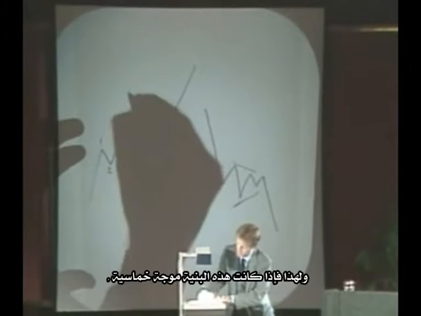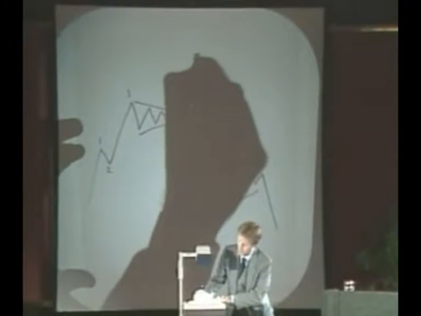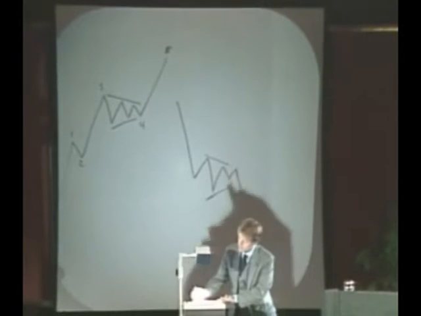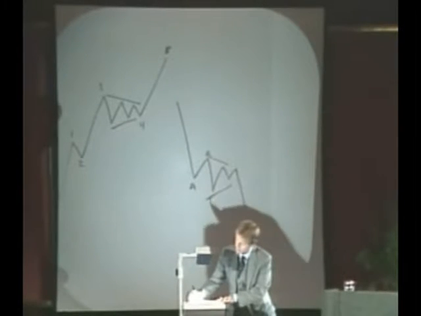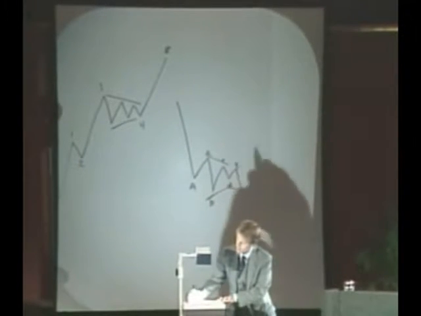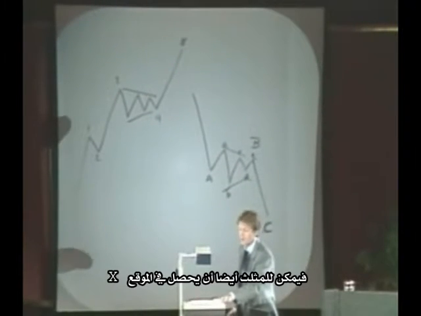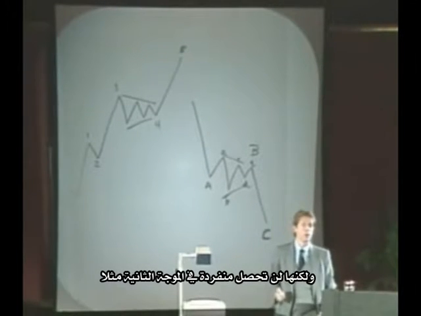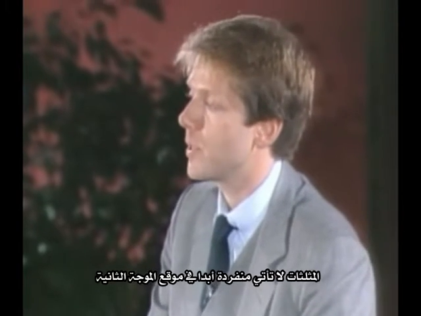So if this is a 5-wave structure, here's your triangle A, B, C, D, E. It would occur in a wave 4 position. In this case, it's occurring in a wave B position. Now, triangles can also occur in wave X positions, but they will never occur alone in a wave 2 position. Triangles never occur alone in a wave 2 position.